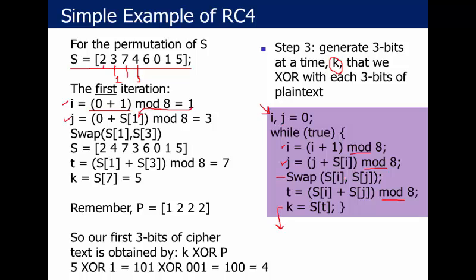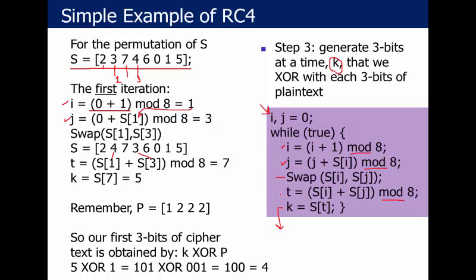But after you swapped, then you need to take SI. SI means S1, which is 4. And J is 3. So 4 plus 3 is a 7. 7 mod 8 equals 7.